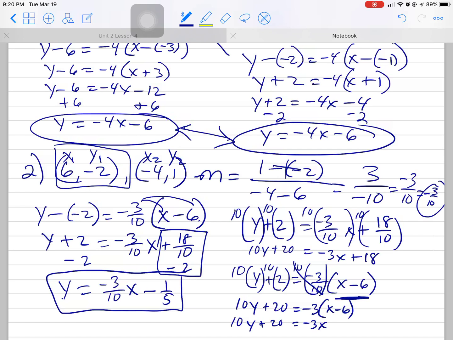Equals negative 3x plus 18. Move the 20 over. 10y equals negative 3x minus 2, divided by 10. That gets your y equals negative 3 over 10x minus 2 over 10, which is 1/5. Oops, that's a negative. Okay, so clearing the fraction works. I think it took a little longer, but that's up to you. I think that's everything. Yep.